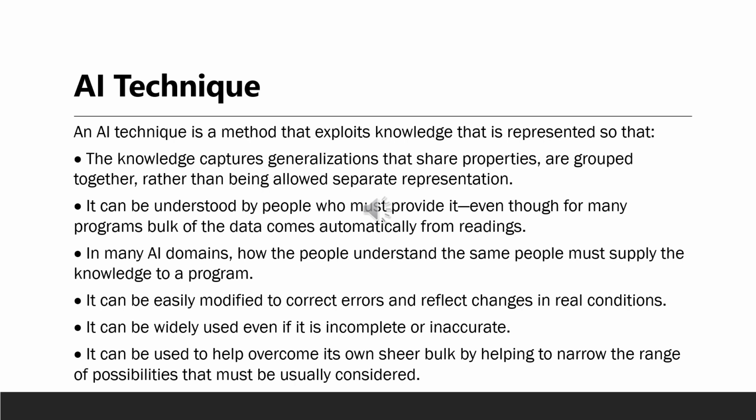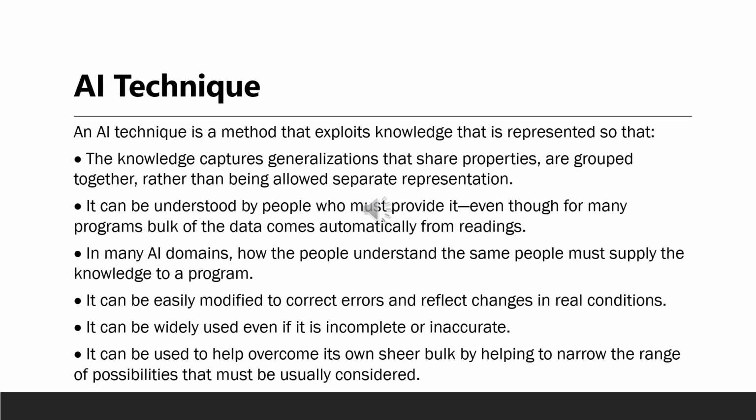There is a need for us to understand that in the technique of AI, the first thing is that knowledge is huge. It is difficult to characterize correctly. It is constantly changing, and it differs from data by being organized in a way that corresponds to its application, and it is complicated.